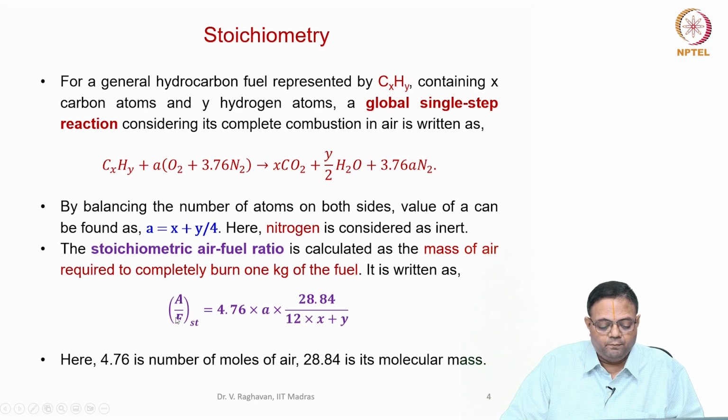So, A by F, that is air to fuel ratio, where the suffix St indicates that it is the stoichiometric air fuel ratio, is nothing but the number of moles of air first, 4.76, that is 1 plus 3.76, into A, into 28.84, which is the molecular mass of air.